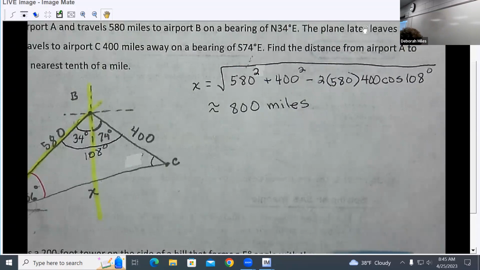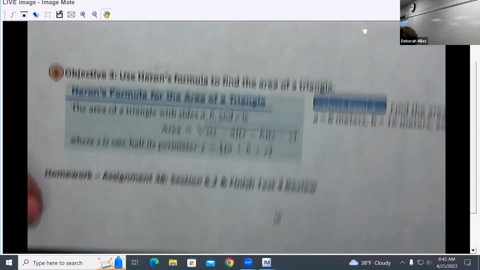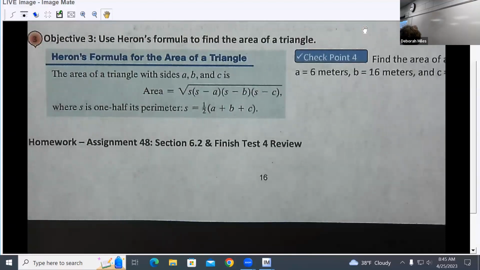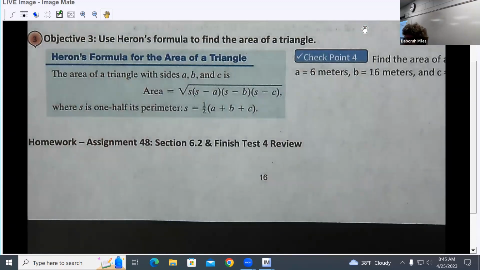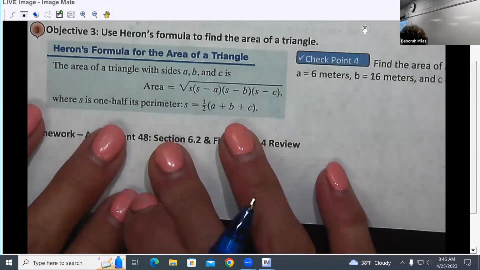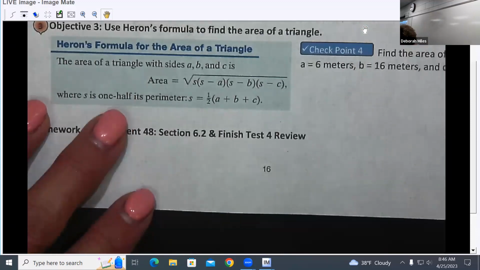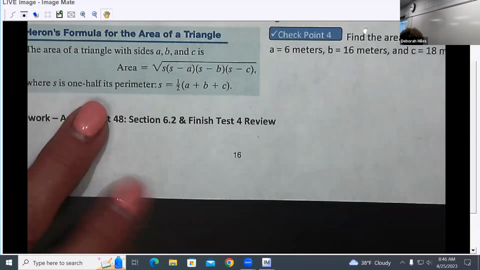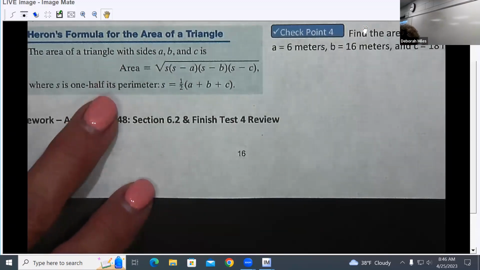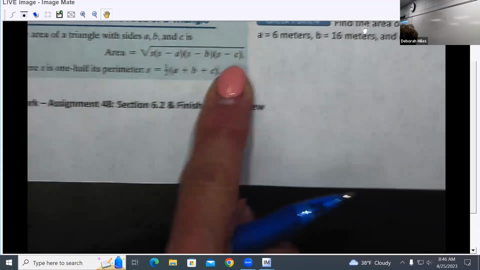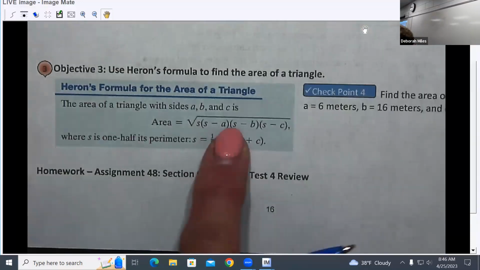One more. Well, I'll tell you, just in case we don't have time to get to Heron's formula, it's a formula. If I give you a formula, you plug numbers into it, you can do it. I looked at the test and the review. It doesn't have area on it. You have one of these in the homework, but you don't have an area problem on the test. This would be easy.